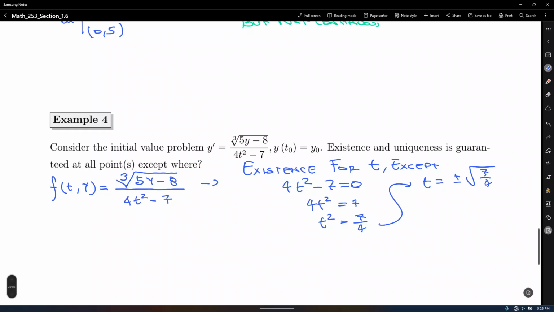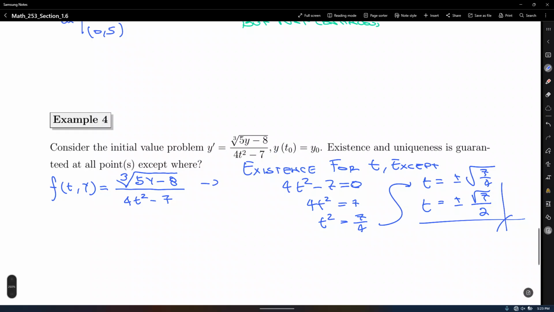We could use the quotient rule for radicals. The square root of 7 is just the square root of 7, that's fine, just leave it, plus or minus root of 7. But in the denominator, that's simply 2. So if we substitute either plus or minus root of 7 over 2, that's going to give us an undefined value for the function. So we wouldn't have a solution to the differential equation for these values.